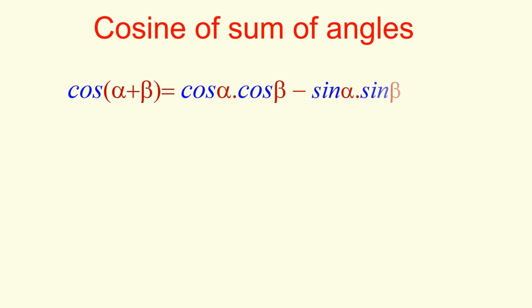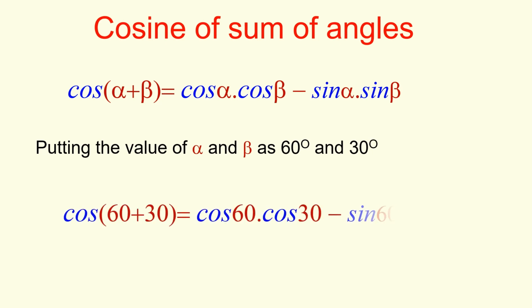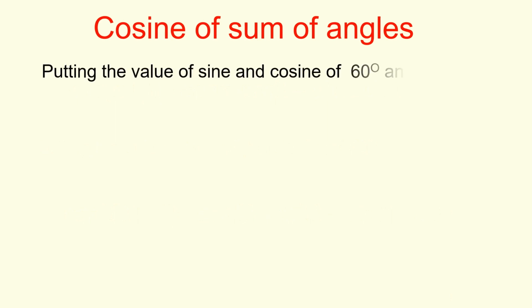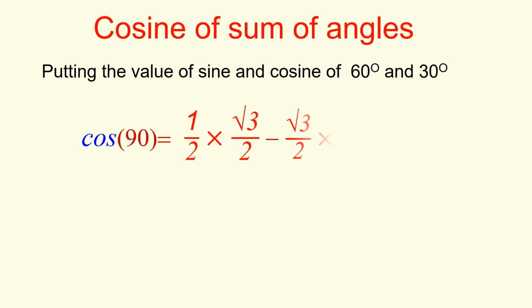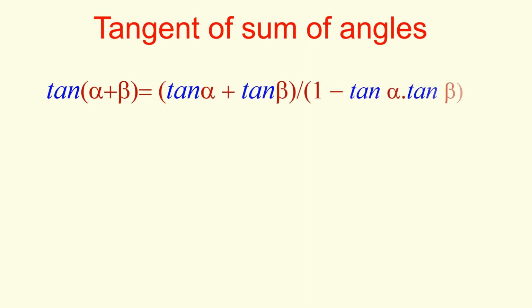Cosine of sum of angles. Putting the value of alpha and beta as 60 degrees and 30 degrees in cosine of alpha plus beta. Putting the value of sine and cosine of 60 degrees and 30 degrees, we get cos 90 degrees equals 0. Hence, verify the formula. Tangent of sum of angles.